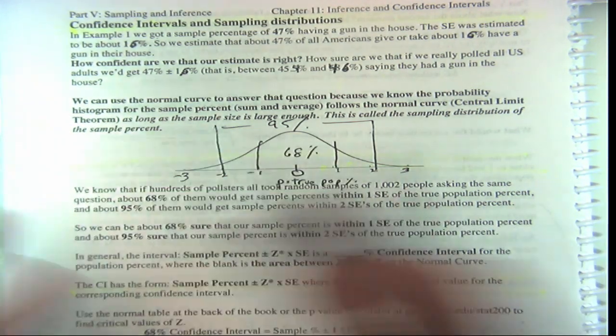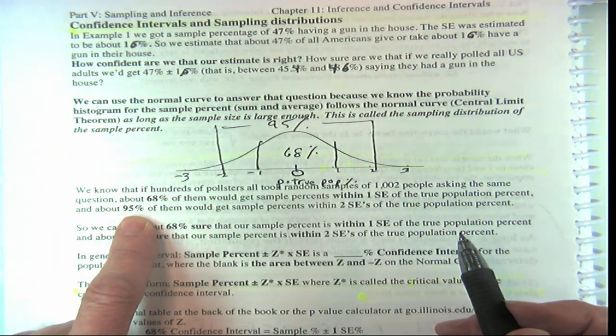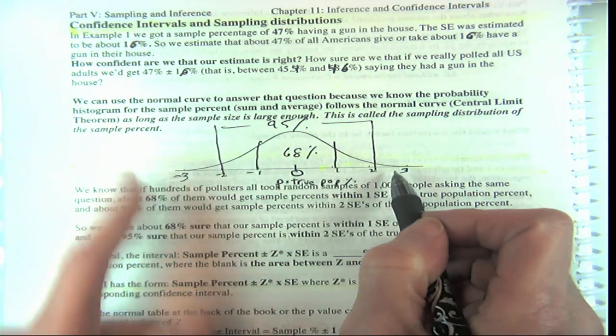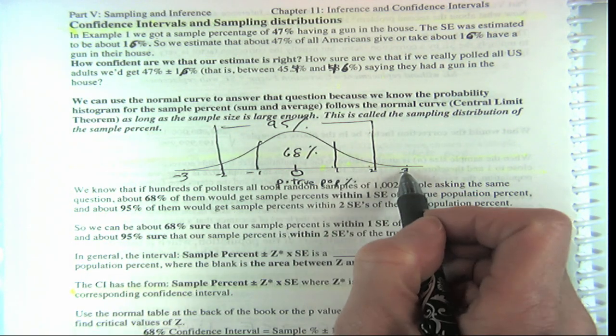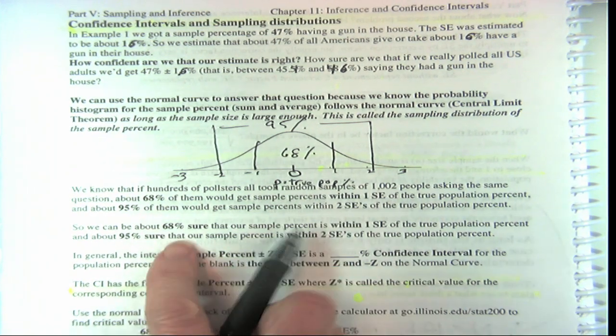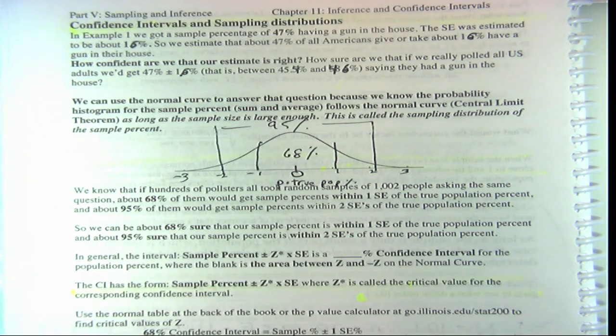But even if you did everything right, if you computed a 95% confidence interval, 5% of you would be out here, and going 2 standard errors in either direction, you would have missed the true population percentage.